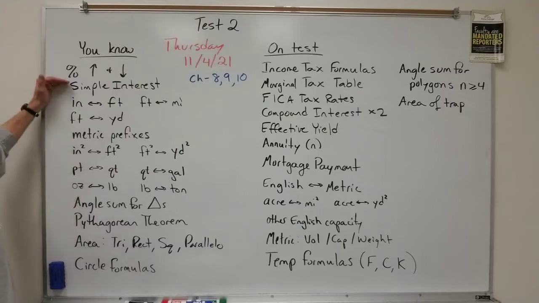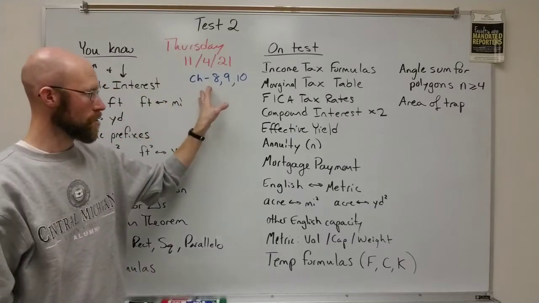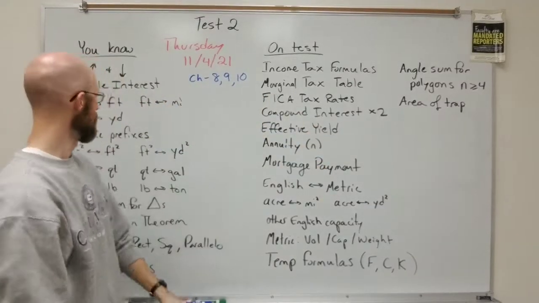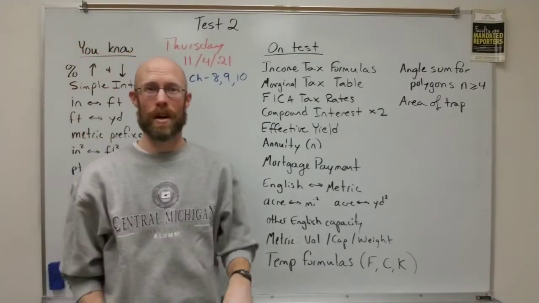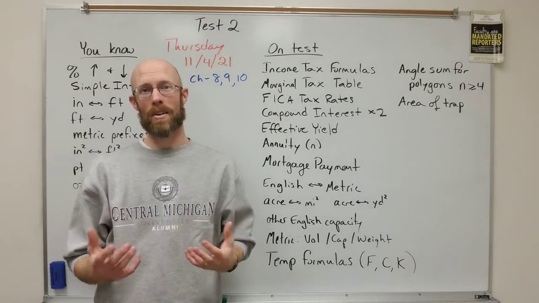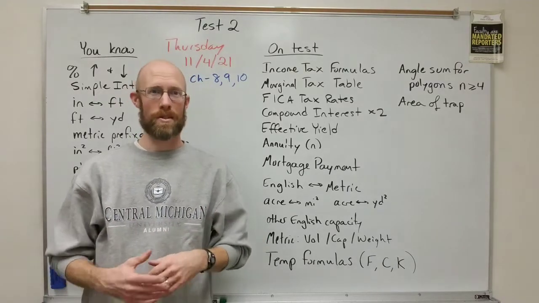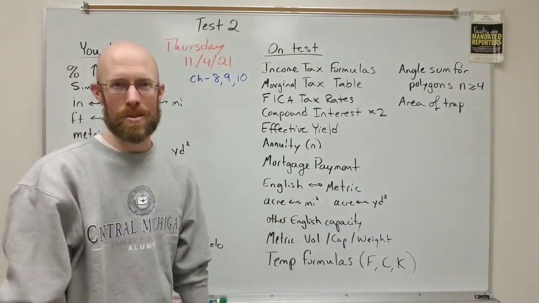Once we get out of the simple interest stuff, pretty much everything else from the finance chapter I'm going to give you. As I'm looking at it, I think it's everything else. So your income tax formulas, how to calculate your adjusted gross income and your taxable income, and all those details with your adjustments and your exemptions and those things, deductions.